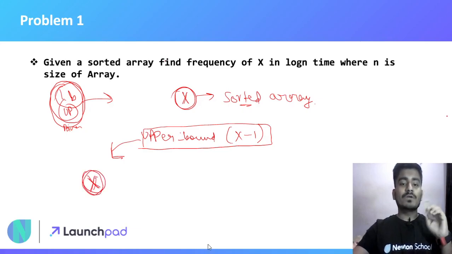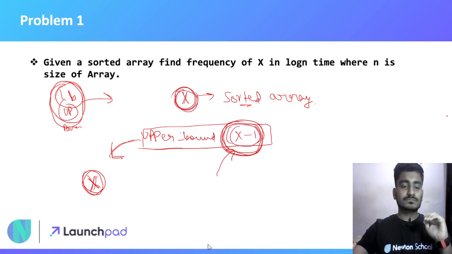Why? Upper bound gives us the index of the value which is just greater than the value I have passed as an argument. So the first value that is greater than x minus 1 will always be x, and we know that x is already occurring in our array. So it will give us the first index of x.